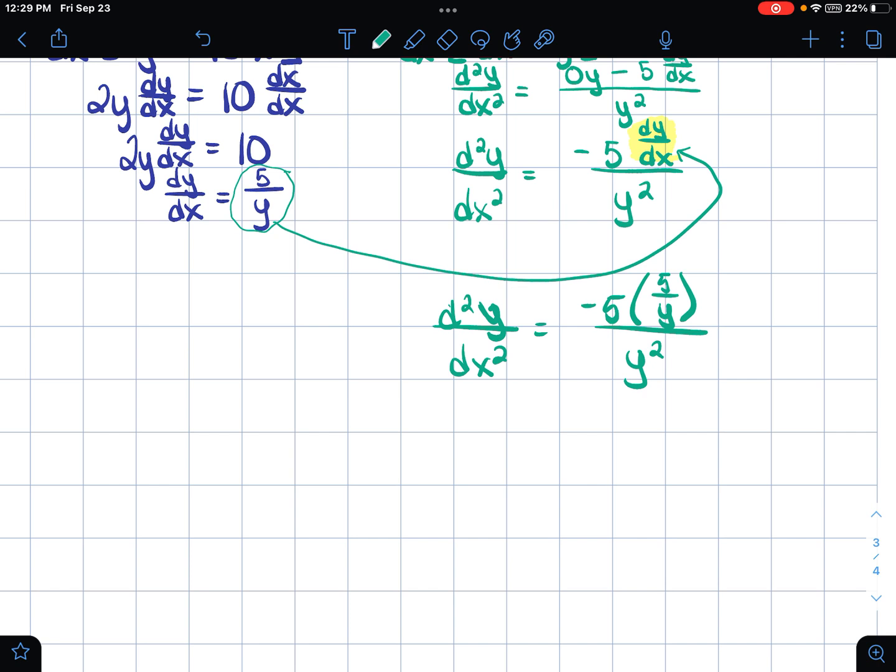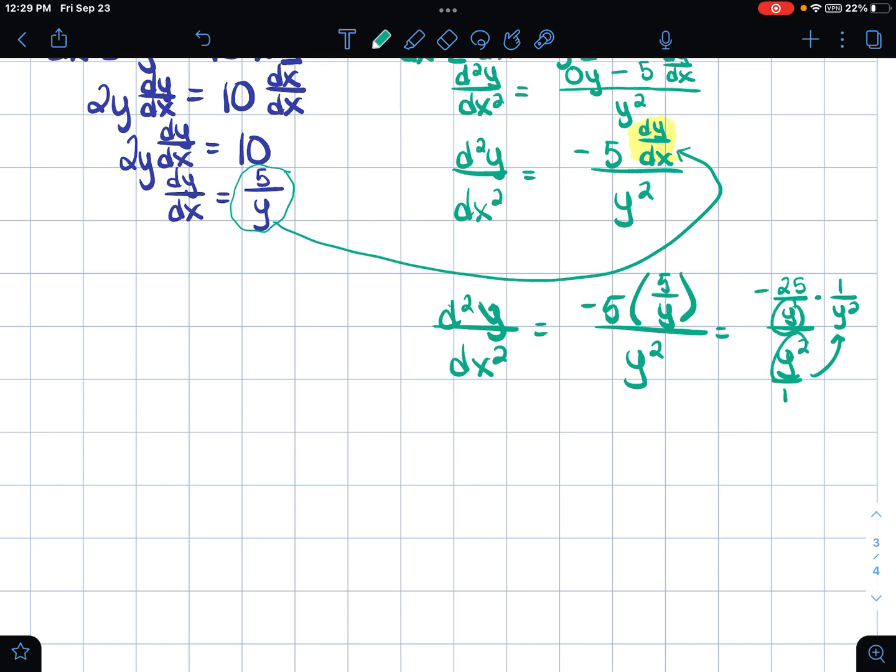I'm going to multiply the numerators together. Negative 5 times 5 over y gives me negative 25 over y, and this entire thing is over y squared. I can just combine these two denominators together, but I'll show you why. This is y squared over 1. If I flip it and multiply, now those y's come together in the denominator.